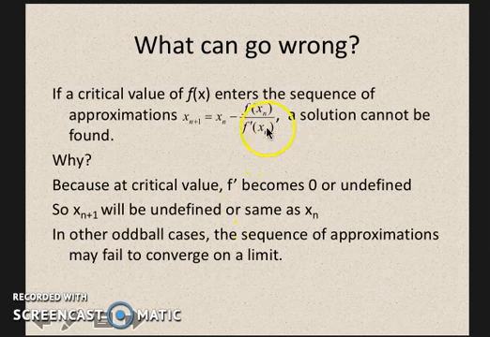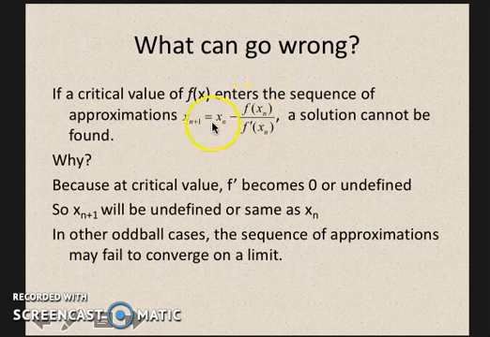If the derivative is undefined, this whole fraction becomes 0, since any number divided by undefined or infinity is 0.